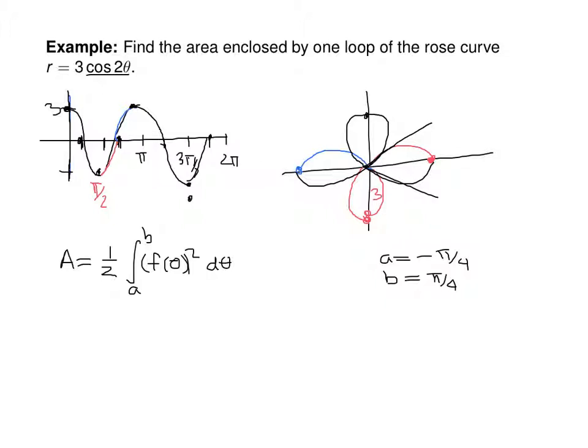So that will be 1/2 times the integral from negative pi quarters to pi quarters, squaring 3 cosine 2 theta will give us 9 cosine squared 2 theta d theta.